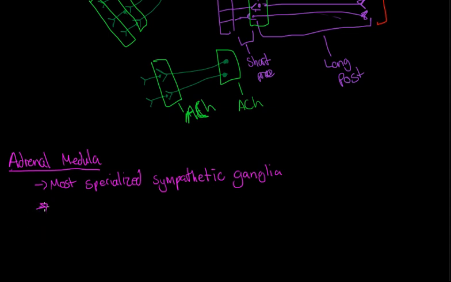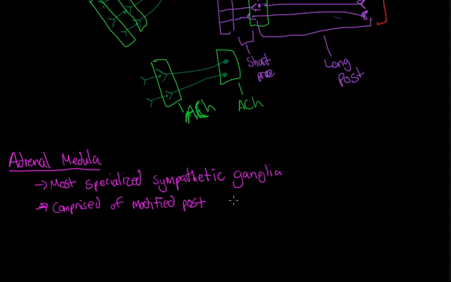So running into this adrenal medulla are going to be preganglionic neurons, and then the adrenal medulla is going to be comprised of modified postganglionic neurons. And the reason they're modified is because they don't have a specific synaptic endpoint.